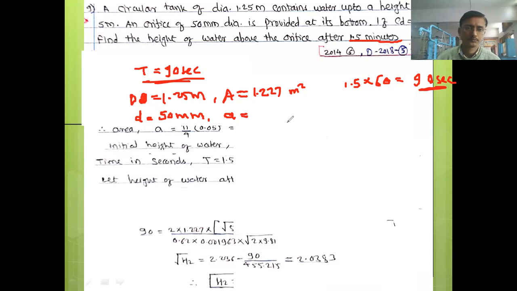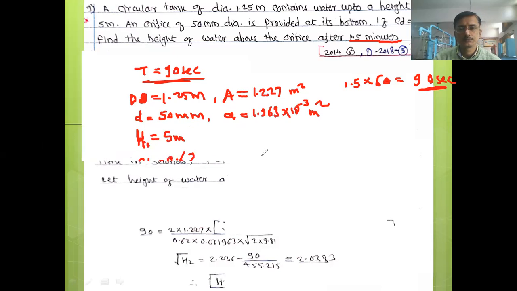Then small a. Who calculated small a? Saili: 1.963 into 10 raised to minus 3. Correct. Now what is the formula?